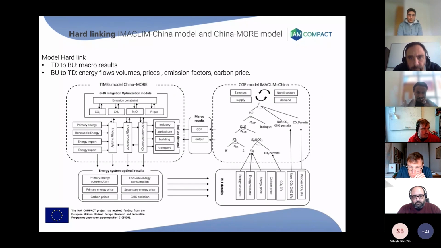And the China-Mo model transfers the energy system optimization results to the IMACLIM-China model, including energy flows, volumes, price, emission factors, and carbon price as kinds of information to the model. Then we run these two models together until we get a converged status.